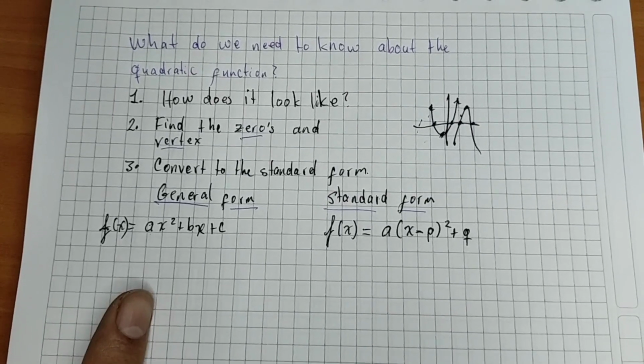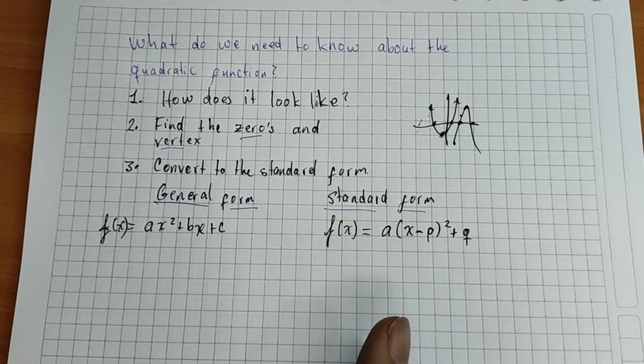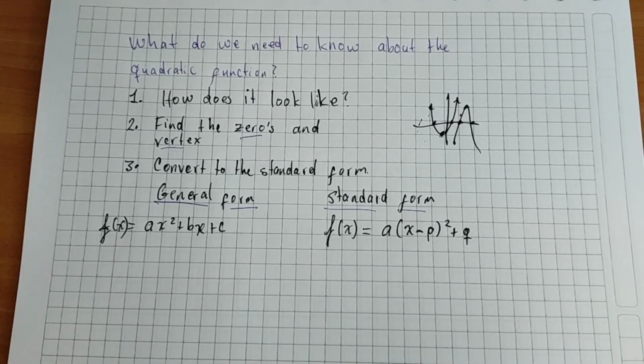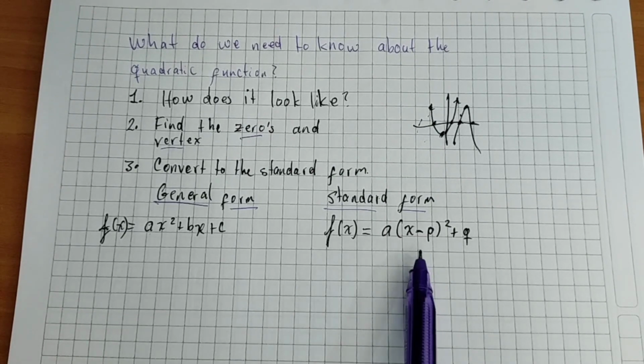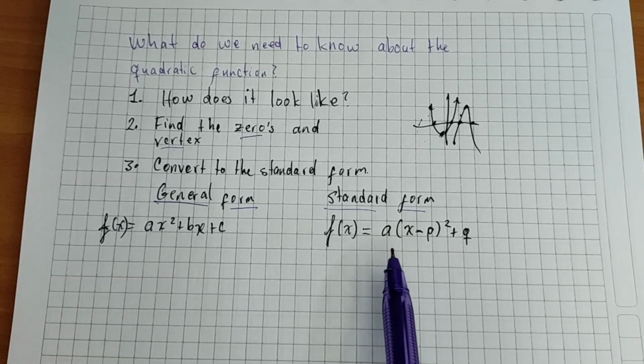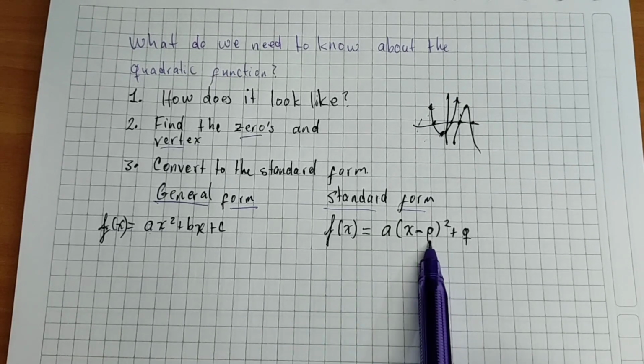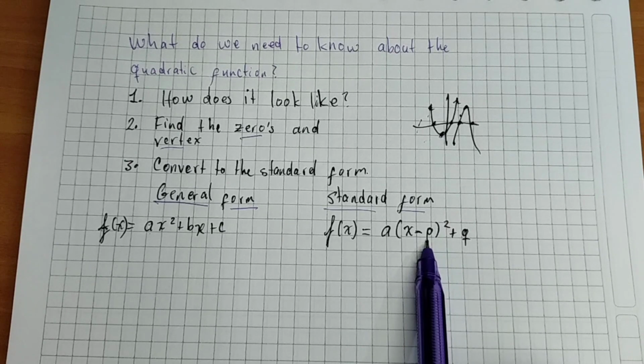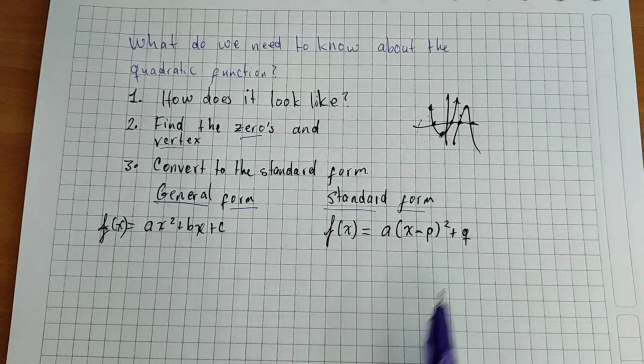And passing from the general form to the standard form and vice versa is an important task that we're going to learn, because especially this one is going to be very useful for different purposes, like, for example, calculating the vertex. This value p and this q actually represent the vertex.